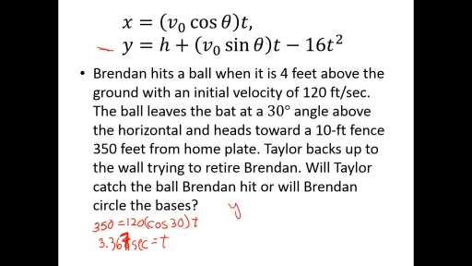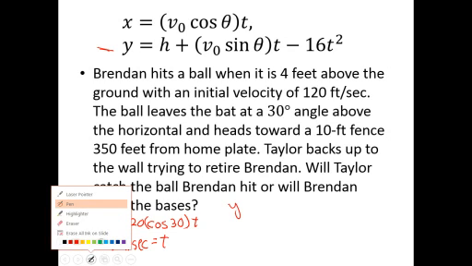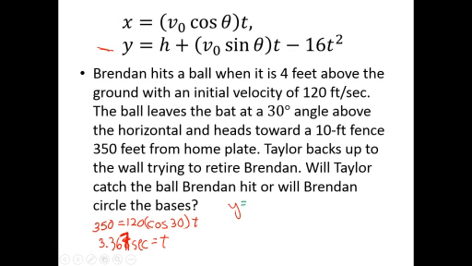So y is equal to the original height of it, he hit the ball 4 feet off the ground, plus the initial velocity, 120, sine of 30, and then we plug in our t, which is 3.367, minus 16 times 3.367 squared. Now we go through and solve this. Take a second, solve it, see how high the ball is up in the air.